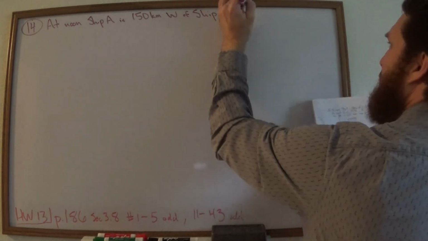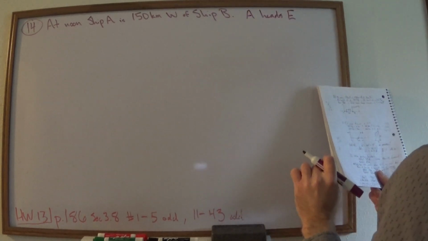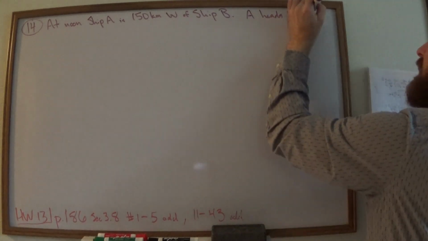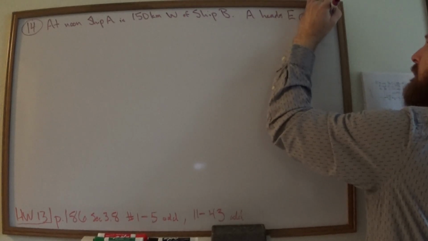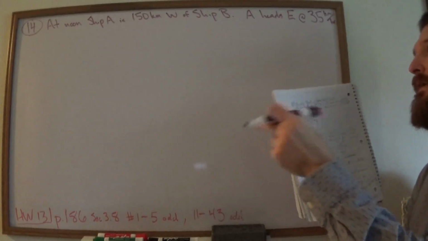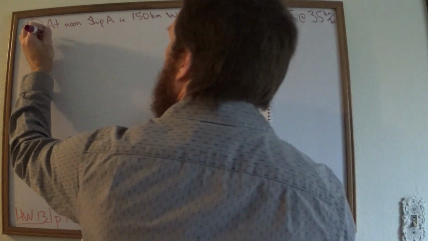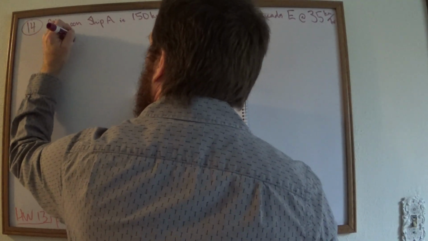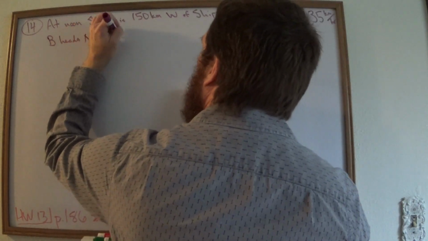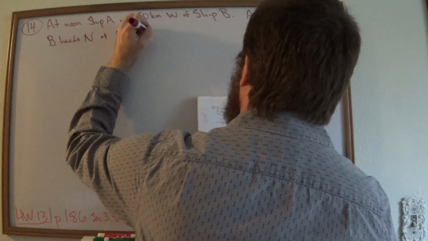Now it says that A heads east at 35 kilometers per hour. B heads north at 25 kilometers per hour.